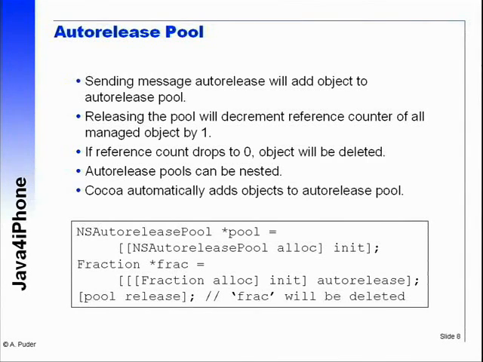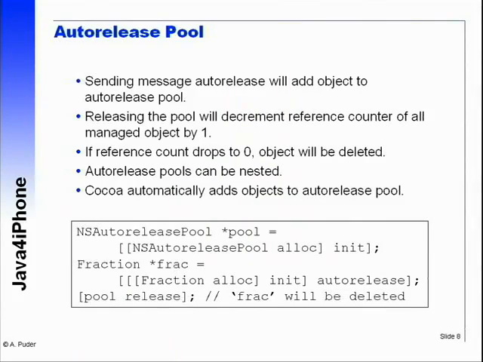So basically what happens is if you create an Autorelease Pool, any object that is being sent the autorelease message will be added to that autorelease pool. So if you look at the code on the bottom here, in the first line of code, I create a new autorelease pool, just like an instance of a class called NSAutoreleasePool.